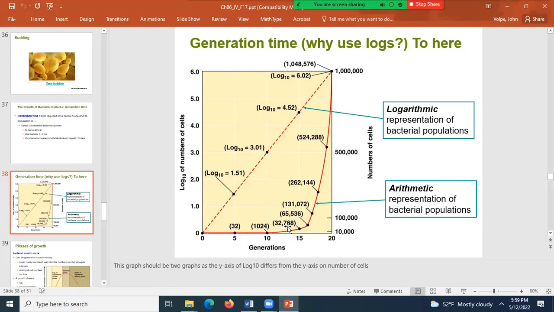On the other hand, if we were to have this, it would be a very complicated mathematical formula. Y equals mx squared plus nx plus b to describe the growth of this. Okay, and so that's just much easier to work with.